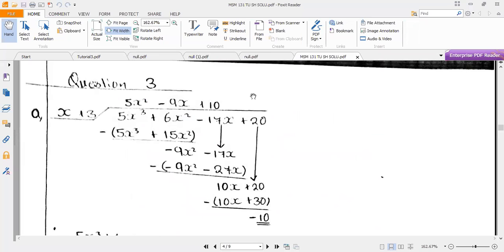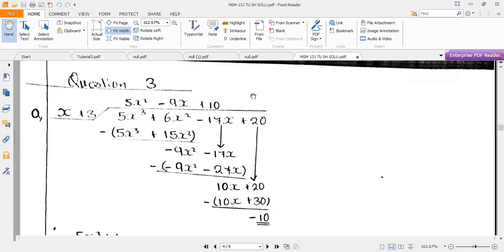So x plus 3 is dividing into 5x to the 3 plus 6x squared minus 17x plus 20. So how do you divide like this? Instead of saying x plus 3, you just say x into 5x to the 3.